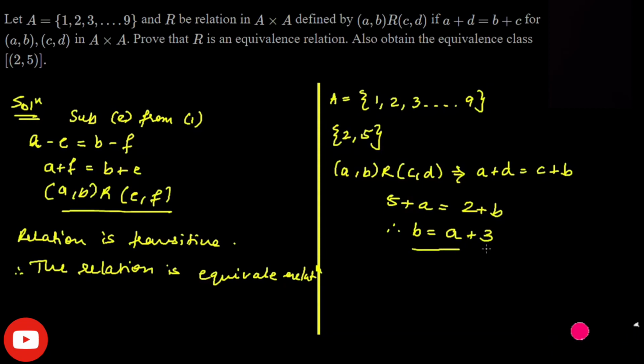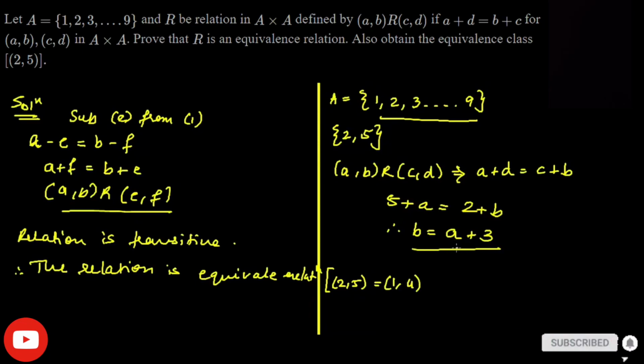Now over here, if we substitute various values of a and b from the given set, we get the equivalence class. If I substitute the value of a as 1, I get the value of b as 4. So the first element of the equivalence class of (2, 5) is (1, 4). Now if I substitute the value of a as 2, we get b as 5, so the second becomes (2, 5).